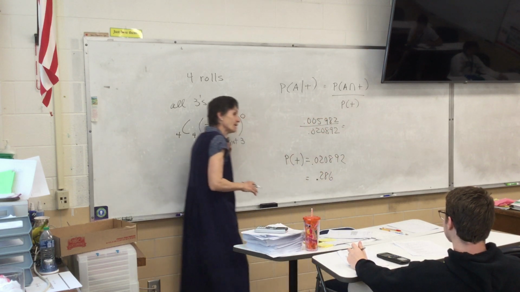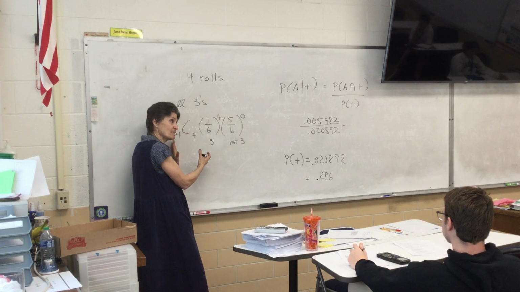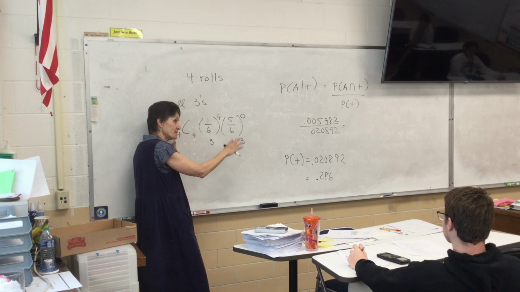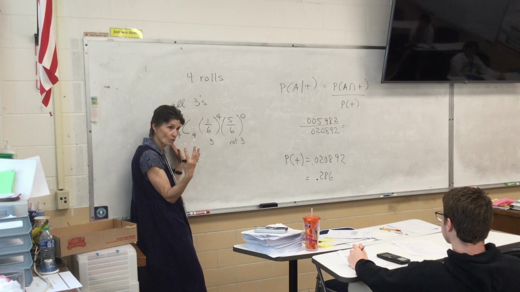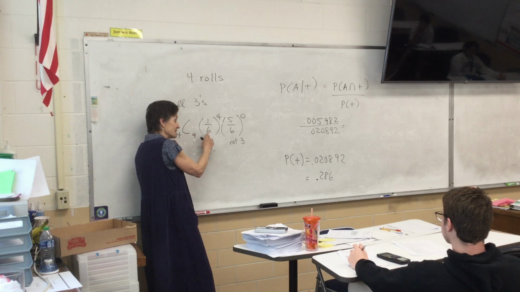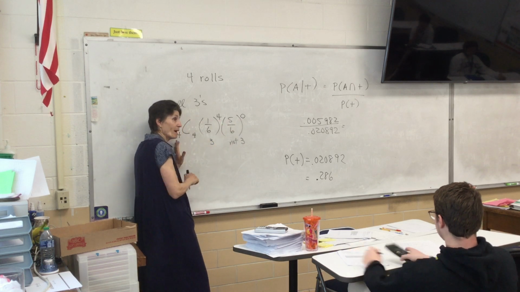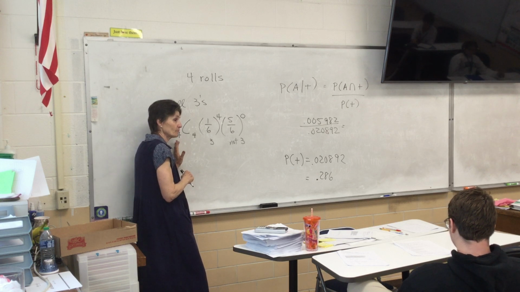So we can set it up exactly the way we did our binomial expansions. This is your coefficient. 4 rolls of the die means 4th row of the triangle. Instead of x's and y's, you've got your 2 probabilities, and you take them to whatever the desired power is. So that would be the answer to the question.